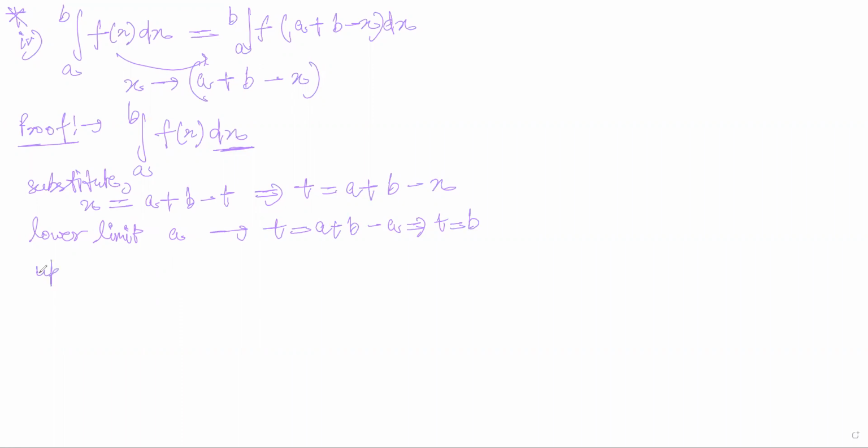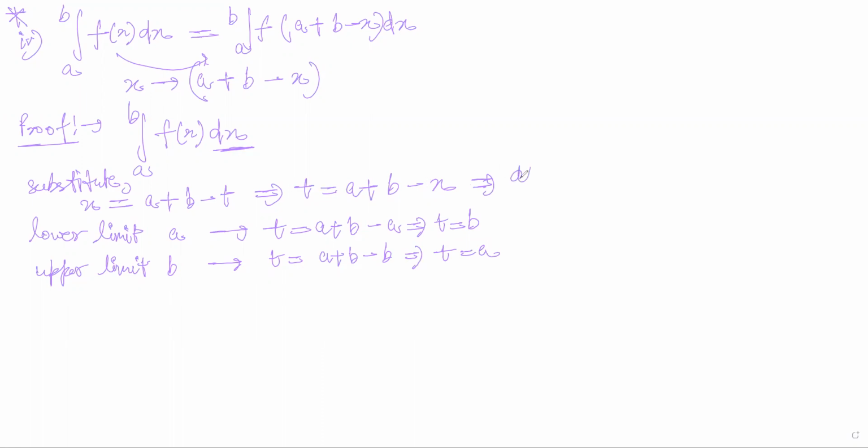Now the upper limit. When the upper limit is b, your t would be a plus b minus b. That is, your t would be a. So the integration changes to, just understand this. Also, we need to change dx as well, right? So to change dx, differentiate this function with respect to x.